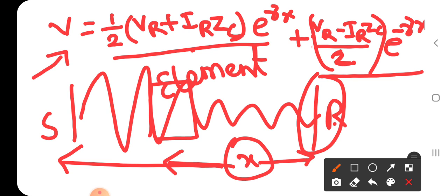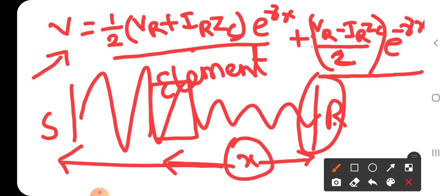At any point along the transmission line, the voltage is the sum of these two components, incident and reflected voltages. As the current expression is very similar to the voltage, the current can also be considered as the sum of incident and reflected current waves.